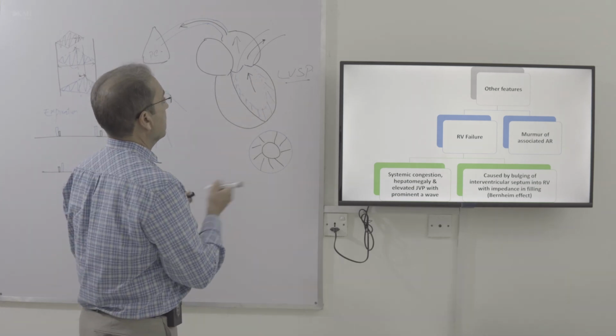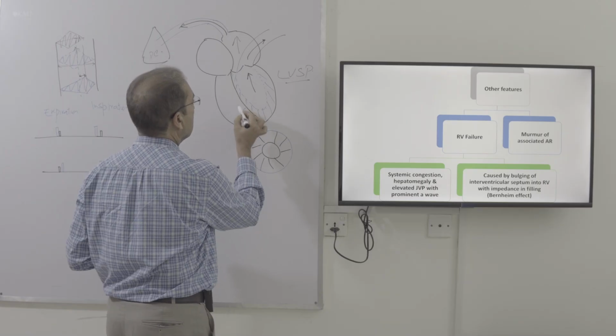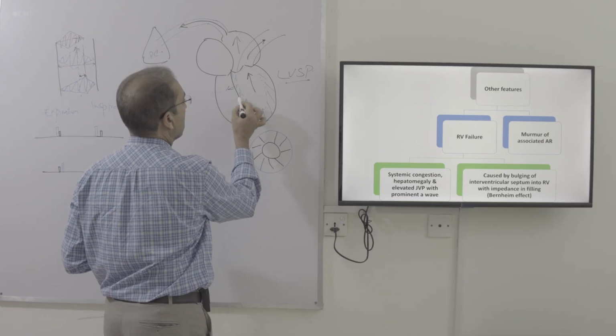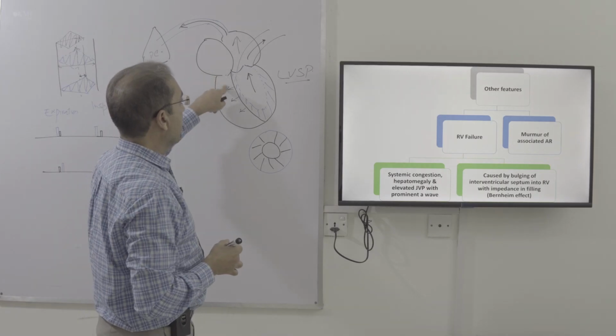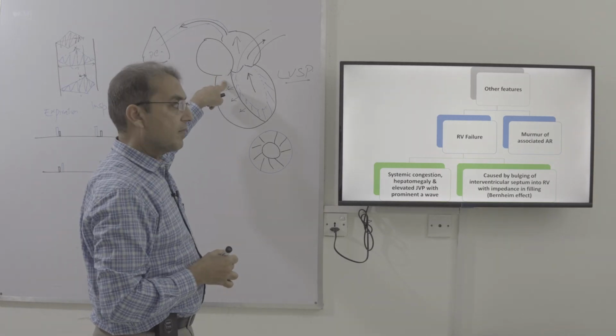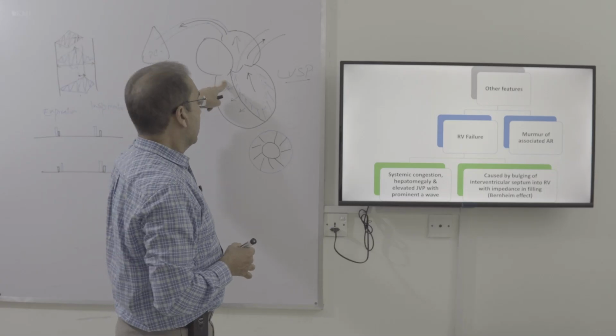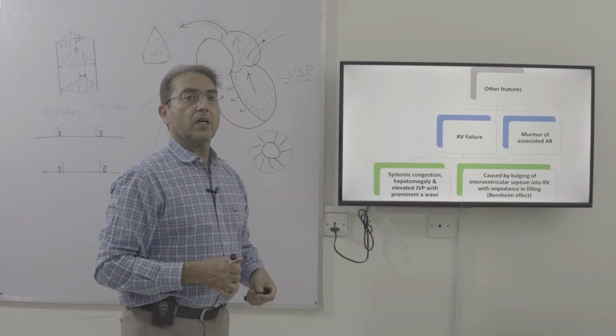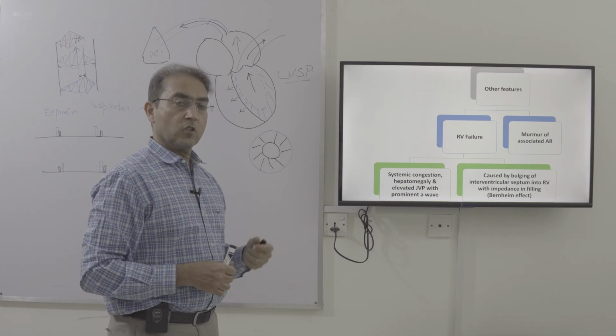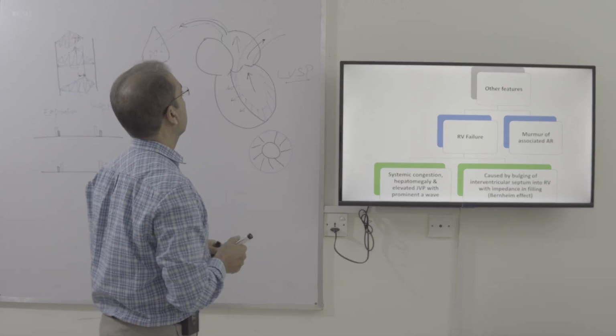This shifts the septum towards the right ventricle. So that results in impaired filling of the right ventricle. When there is impaired filling, there is diminished output from the right side. So there is backward systemic congestion.